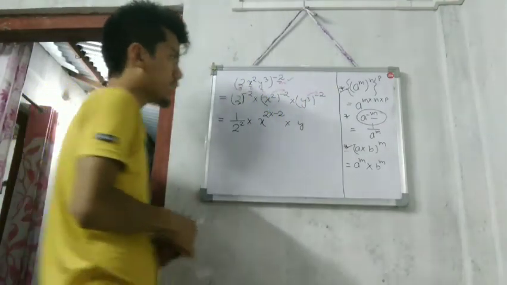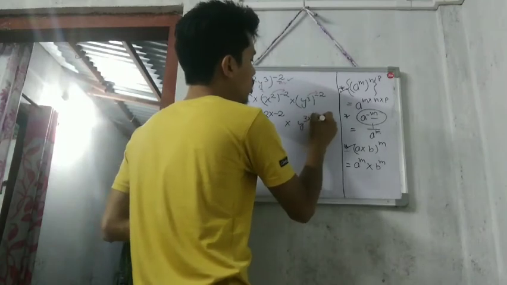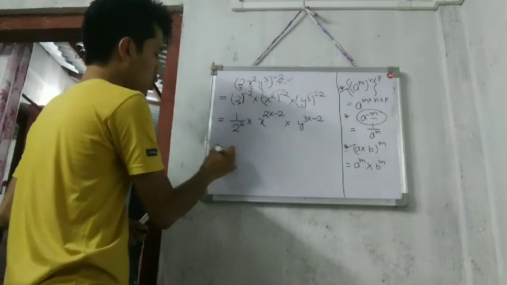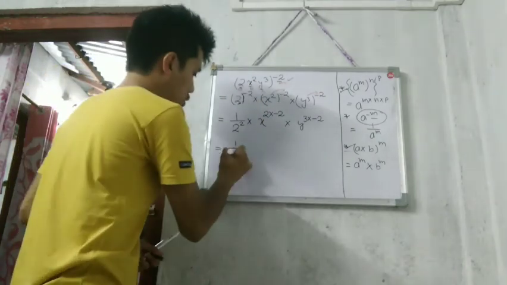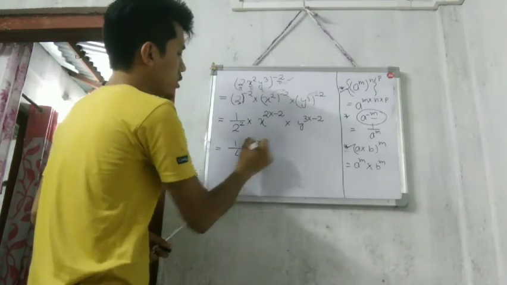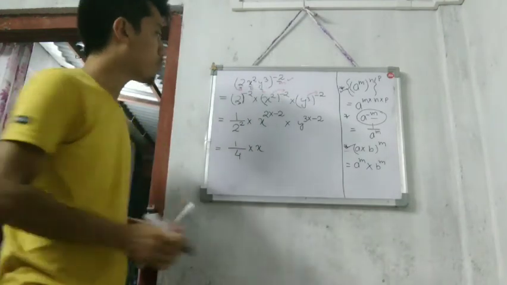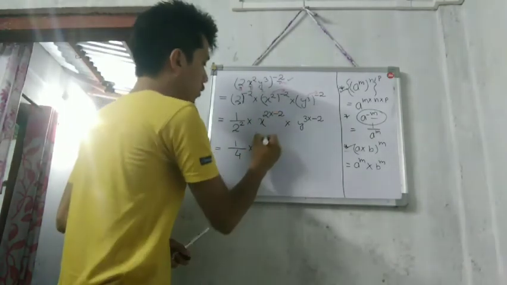So let's write y to the power 3 into minus 2. Now see, 1 by 2 square means it is 1 by 4. And here x is the same. Now multiply 2 and minus 2.